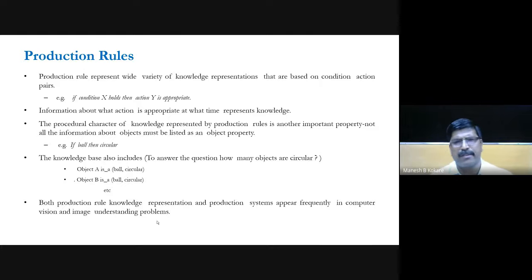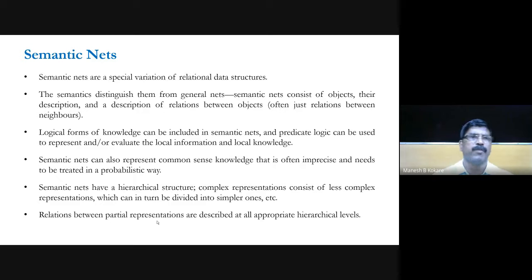You are not extracting lower level features like texture, shape or color. But we see that if the object is circular, then this must be a ball. So production rules are one of the ways of representing higher level knowledge in computer vision.